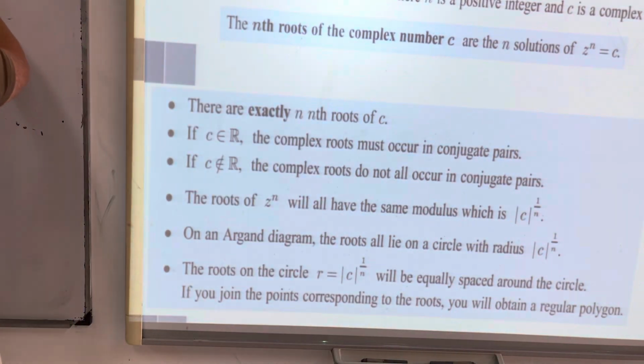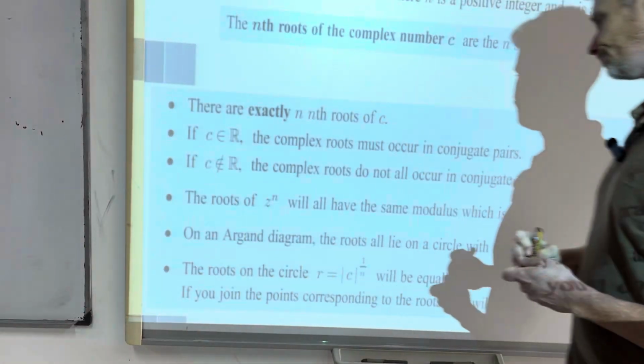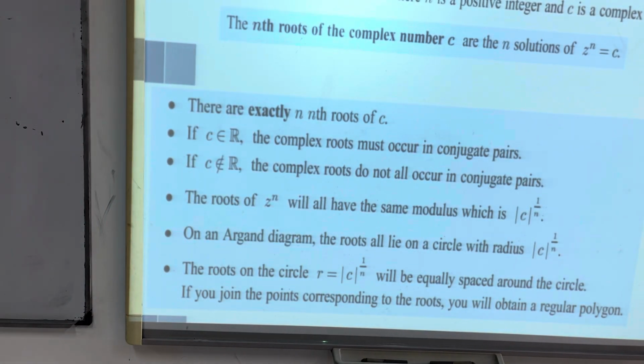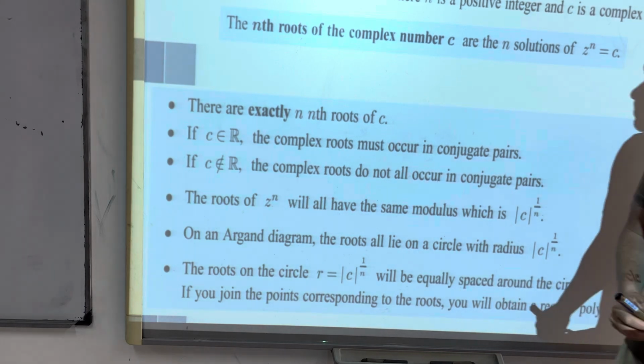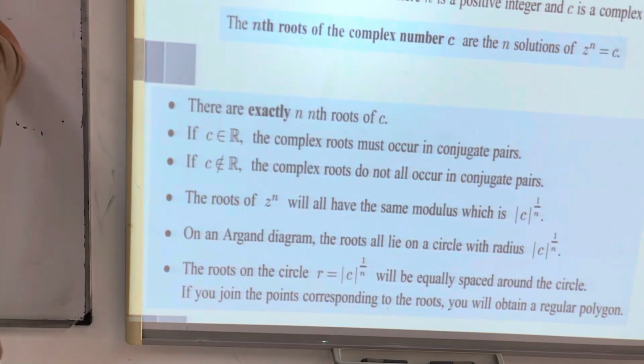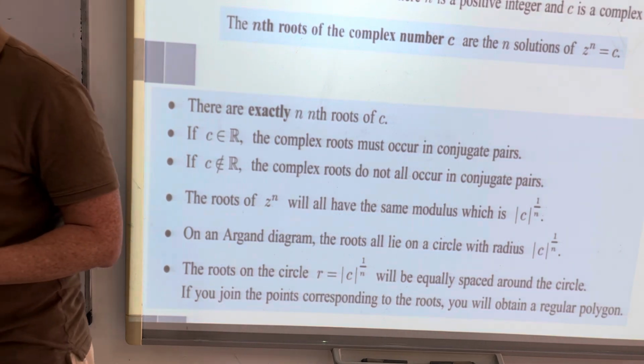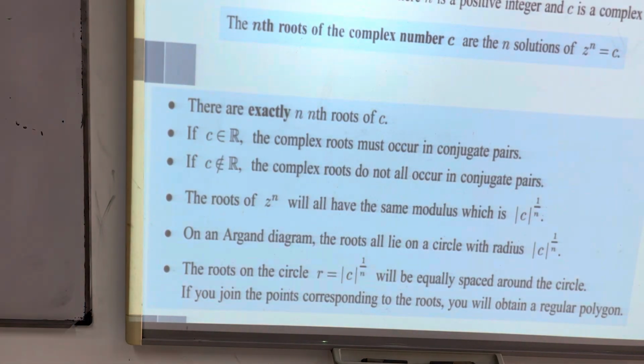So this forms a circle, and the radius is constant throughout. And they'll all be equally spaced out. So the angle between all of them will be the same. All these angles are the same, equal slices of pi. Yes, the angle between them, yes, but the argument won't be that.